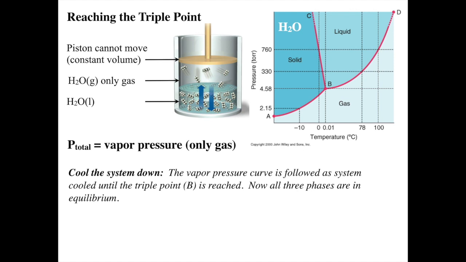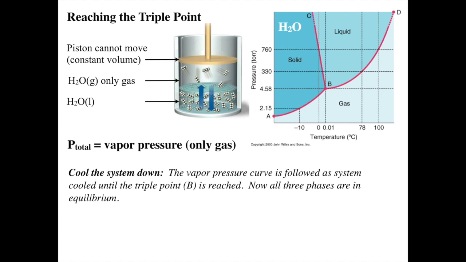You have a total pressure over the liquid, and you also have the vapor pressure of the gas, which is adding to the total pressure in a way. And so this system has to come to equilibrium. You let it sit there, it comes to equilibrium.